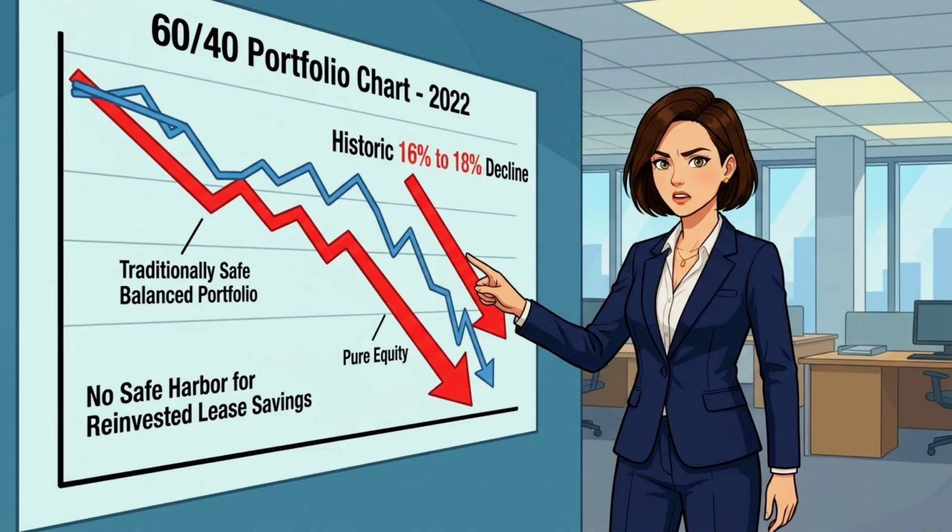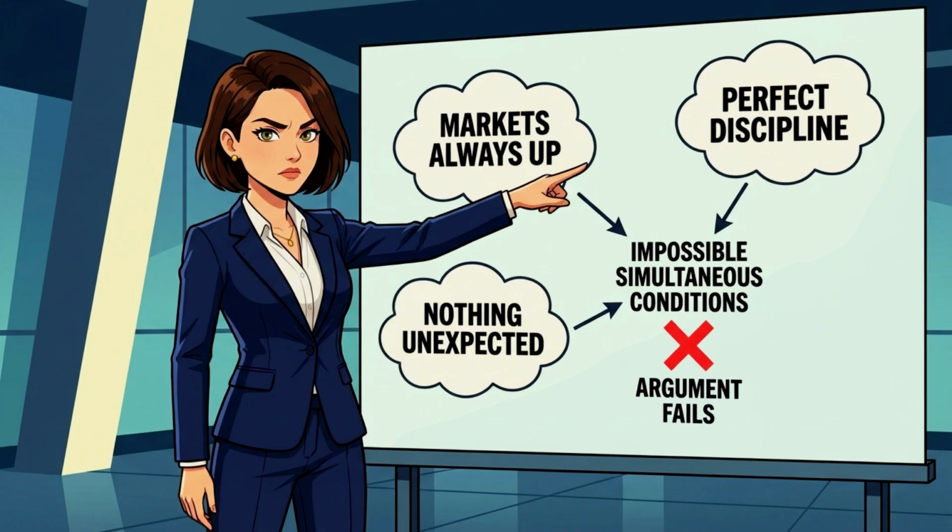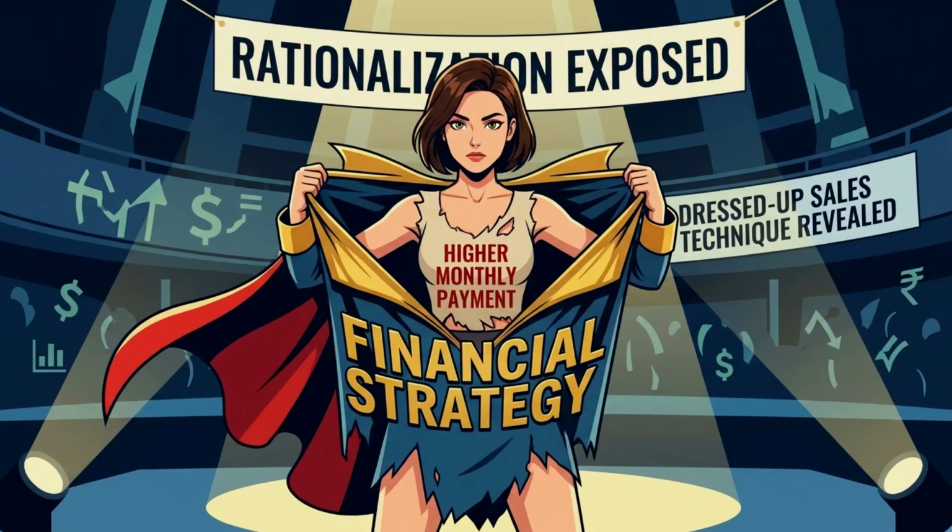The money factor on your lease kept charging while your investment account was declining. The opportunity cost argument for leasing is valid exactly when markets go up, discipline holds perfect, and nothing unexpected happens. In the real world, it is frequently a rationalization for a higher monthly payment dressed up as financial strategy.